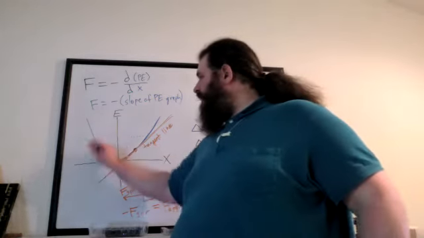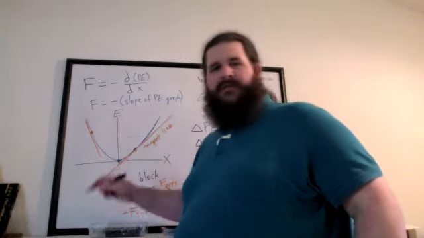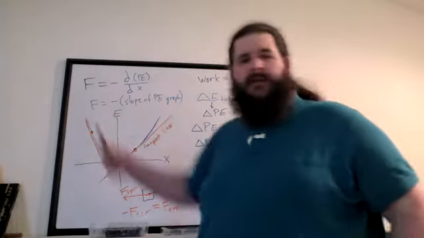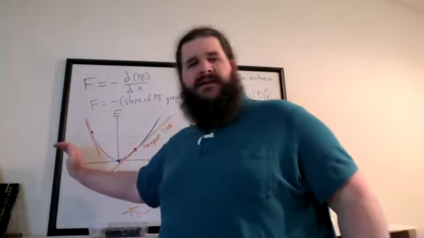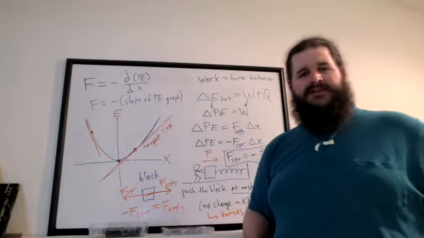Alternatively, at this location over here, we've got a negative slope for the tangent line. A negative slope is going to translate to a positive force. In other words, if you compress the spring to the left, the force of the spring is going to be pushing back to the right, pushing in the positive direction.